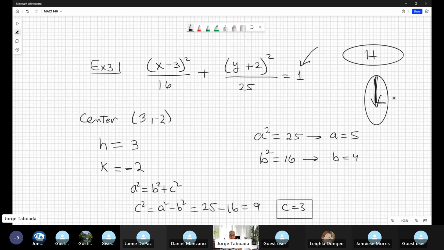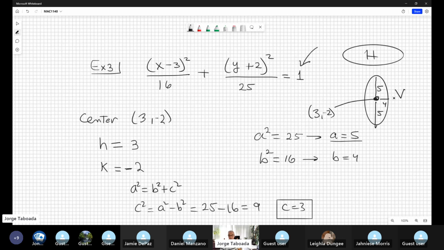So now my ellipse is vertical. The center is located at the point (3, minus 2). That distance is 5, and that distance is also 5 in the opposite direction.